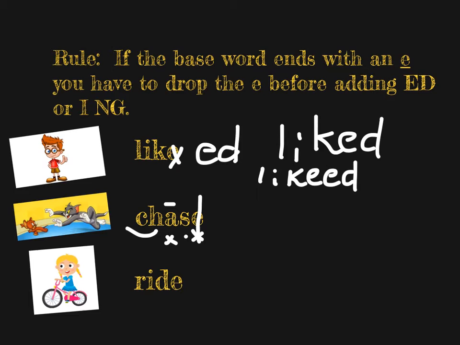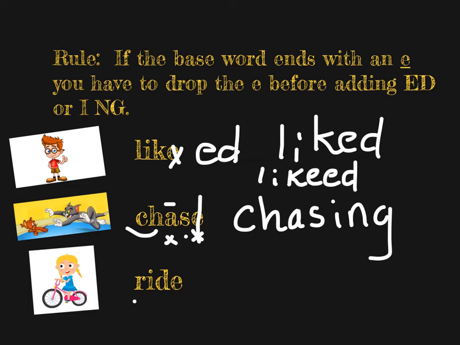Okay, the rule is that I have to drop that E at the end before I add my inflectional ED or ING. I want to make this word into chasing. So I'll put the part of the base word I'm supposed to keep, get rid of that E, and add ING, chasing.